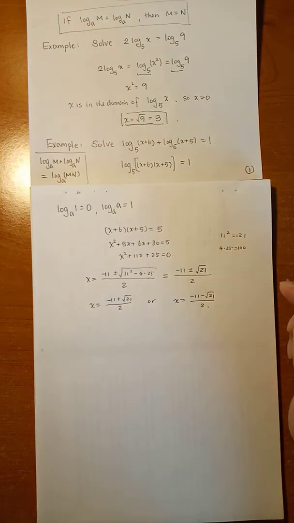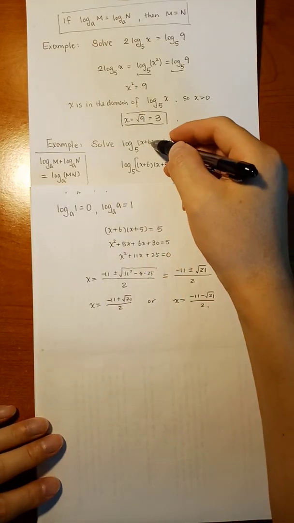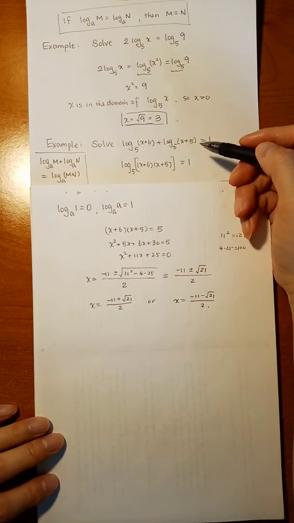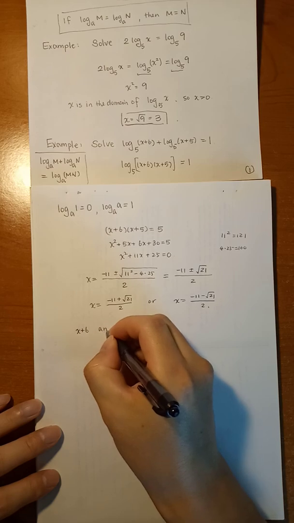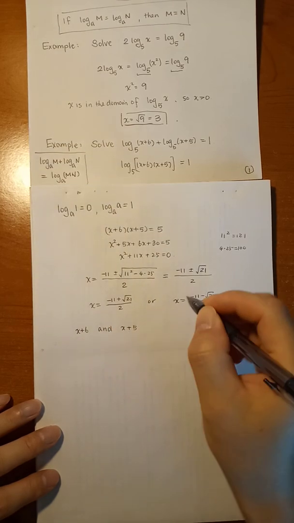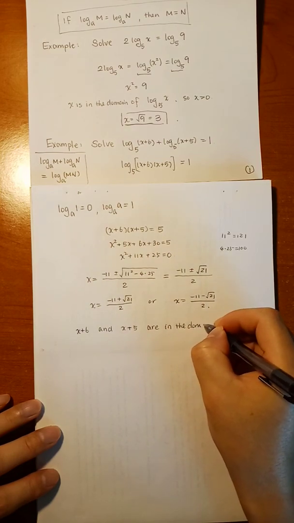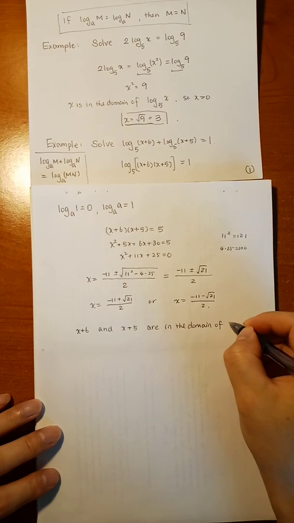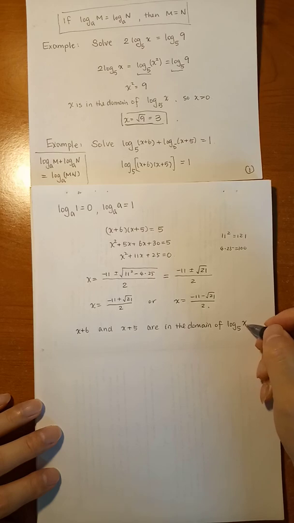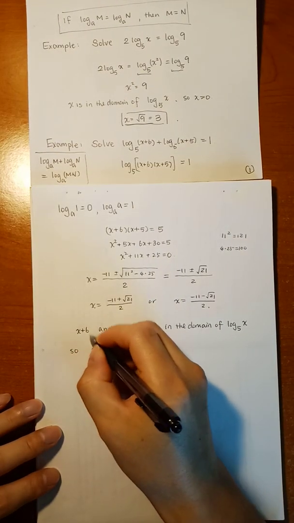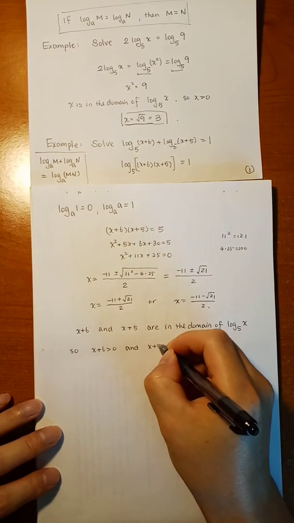The question is, are they both solutions? Remember, we have x plus 6 and x plus 5 from the beginning. So x plus 6 and x plus 5 are in the domain of the logarithm function. So x plus 6 is greater than 0, and x plus 5 is also greater than 0.